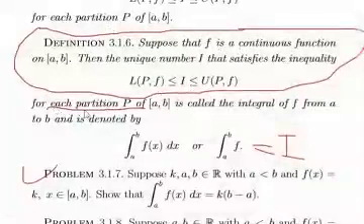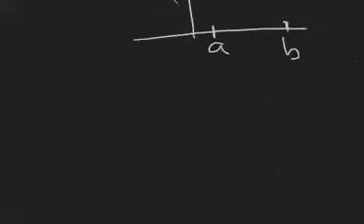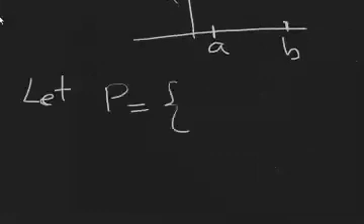So let's consider any partition P of this closed interval AB. Let P, capital P, be a partition. This is the initial point of this partition, x0, and x1, x2, say xr.